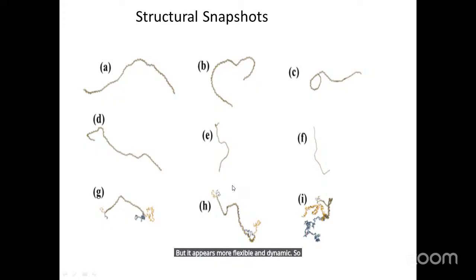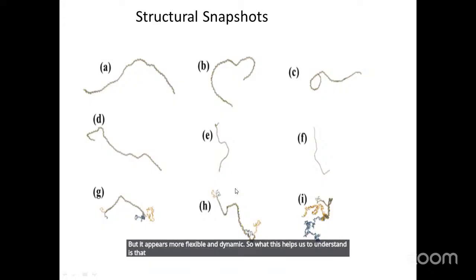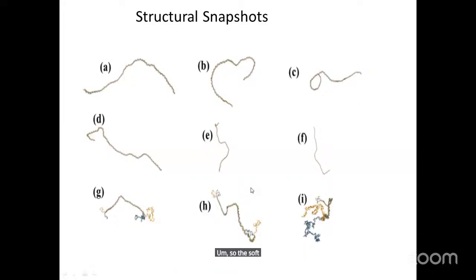So we observe a structural transition, but a gradual one, with gradual fluctuation. We see softening, but it didn't collapse or reach the point of melting, that is, denaturation.